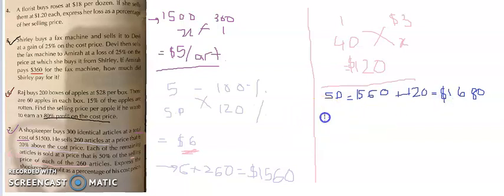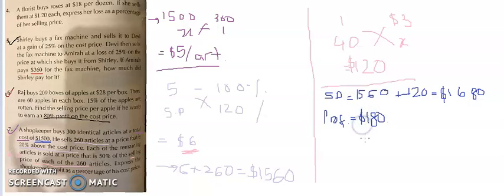This means that his profit is naturally the selling price minus the cost price, which is $1,680 minus $1,500. That makes it $180. Okay.